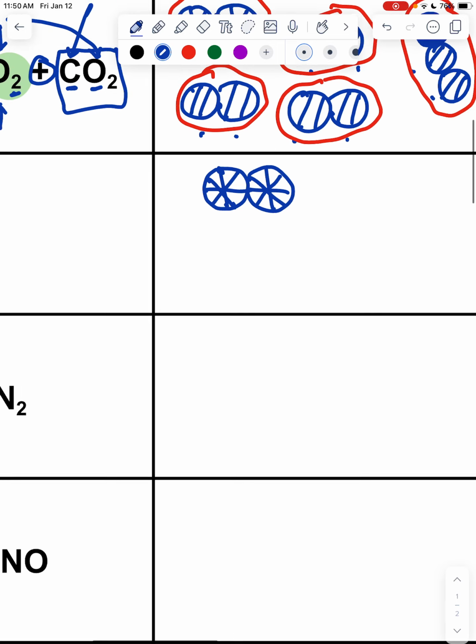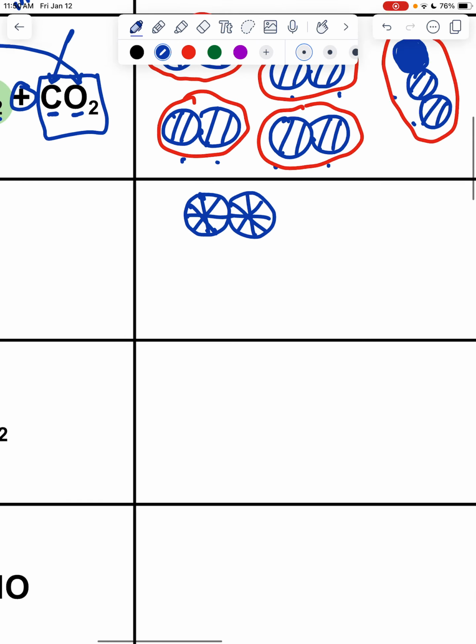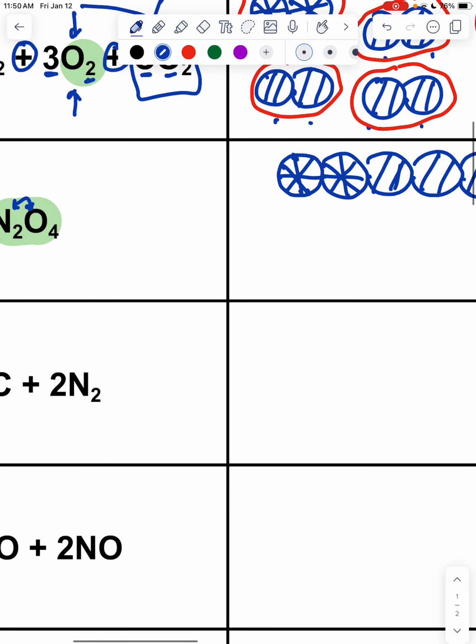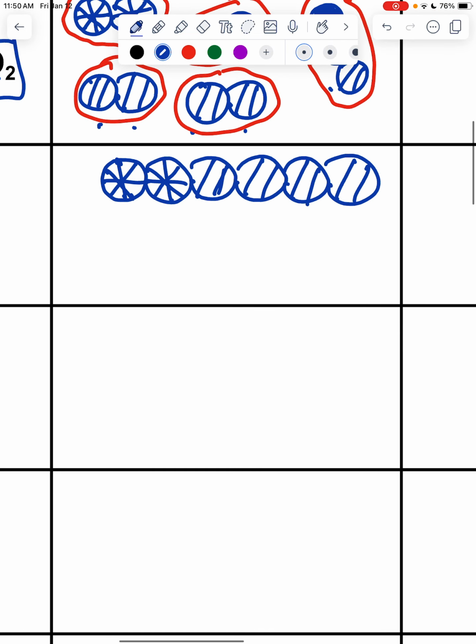And that O4, since they are touching, right, we see that they're touching each other, must mean that those 4 O's are also a part of that. And now we can look at that big number out in front, and we see that how many of that combination do I have? I have 2.